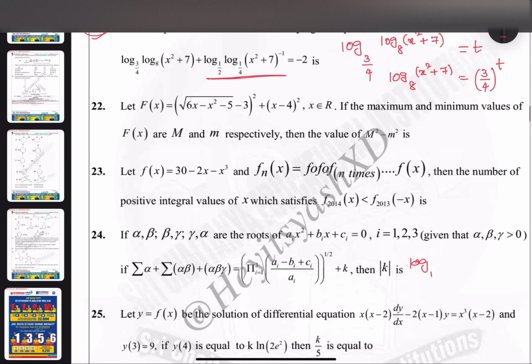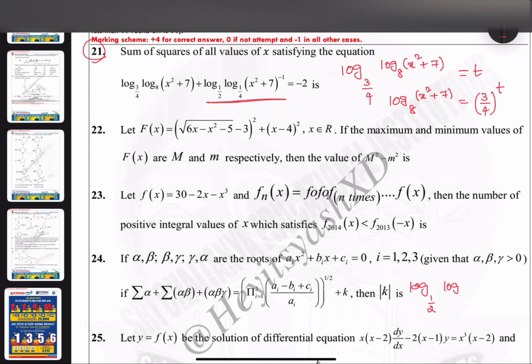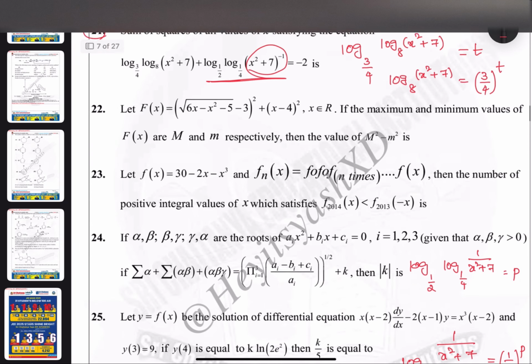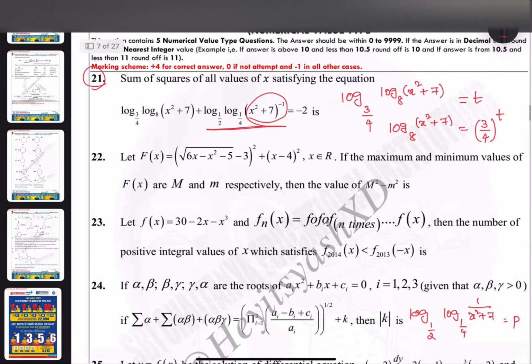So log of 1 by 4, x square plus 7 whole inverse can be written as 1 by x square plus 7. Let us say this is p. So now log 1 by 4 of 1 by x square plus 7 can be written as 1 by 2 whole power p.